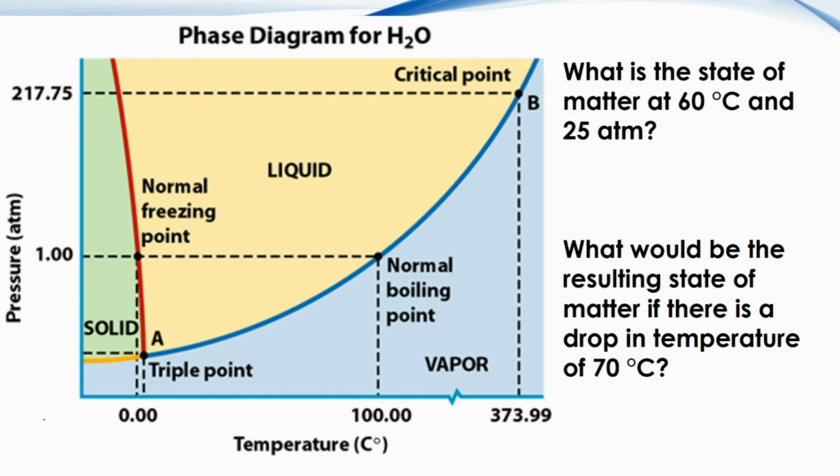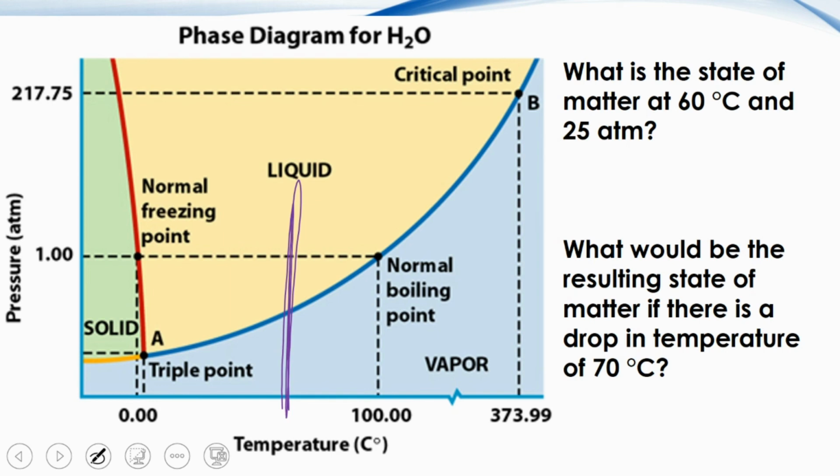What is the state of matter at 60 degrees Celsius and 25 atmospheres? So this is just like in our algebra math classes where I give you a coordinate on the graph, you find it, and you give me the answer, right? So we are being told that we are at about 60 degrees Celsius. I'm going to make my best guess here because this is not fully labeled. I'm going to say 60 probably falls somewhere in there.